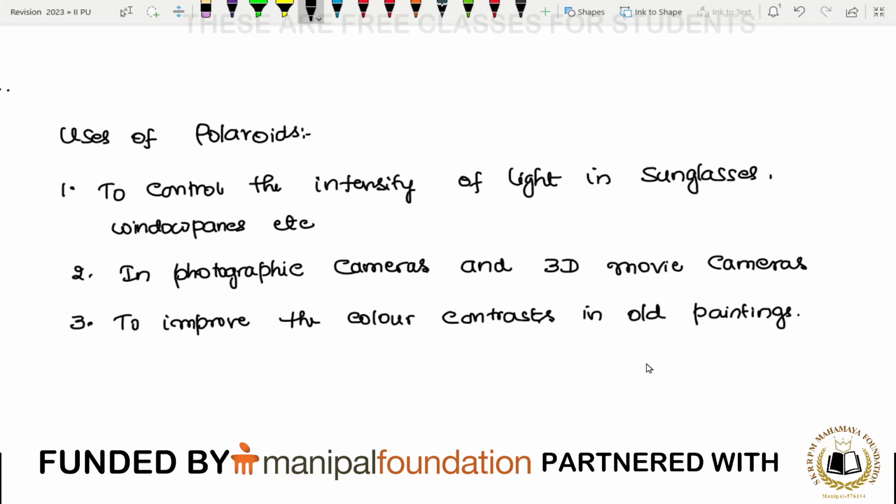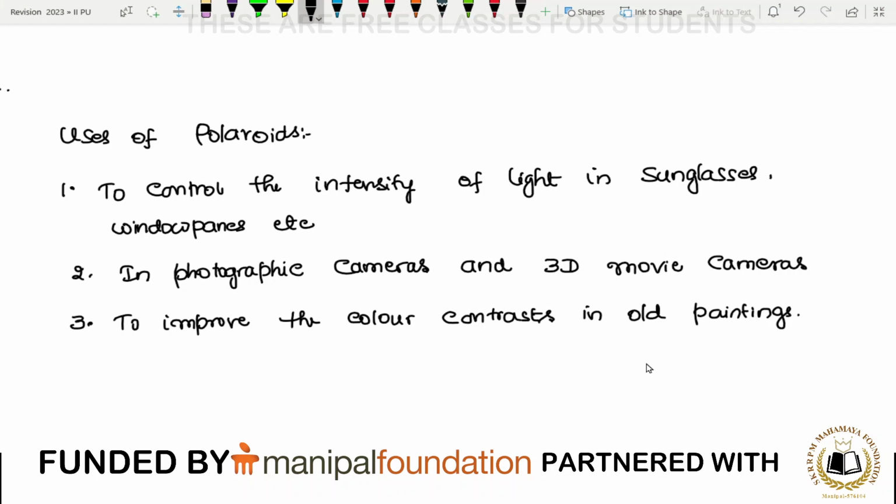So first one, to control the intense light in sunglasses, window panes, etc. Second one, in photographic cameras and 3D movie cameras. Third one, to improve the color contrast in old paintings. So these are the uses of Polaroids.